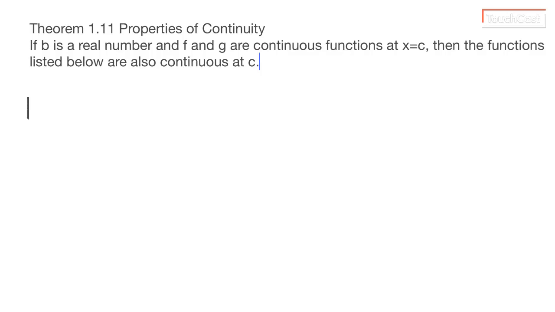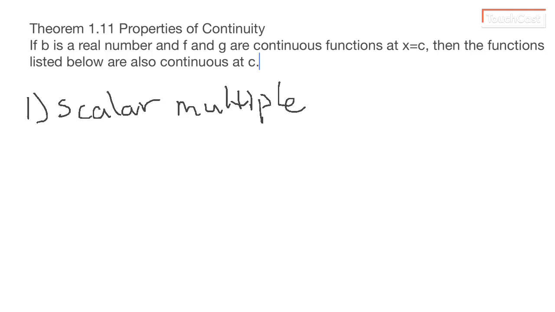So if it's a scalar multiple, if we have our b value, which is just a real number, and we multiply one of our functions by it, it's a continuous function. Sums and differences also work. So sum or difference.